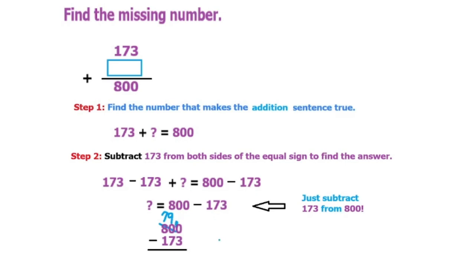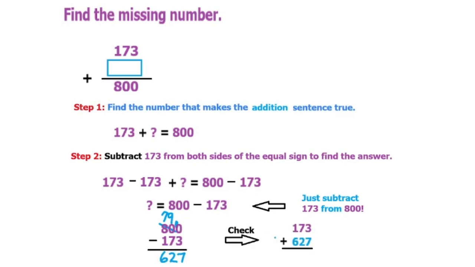We borrowed a 1. So 10 minus 3 is going to be 7. 9 minus 7 is 2. 7 minus 1 is 6. So that's just another quick lesson on borrowing and subtracting, okay?